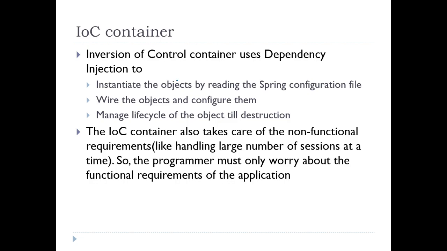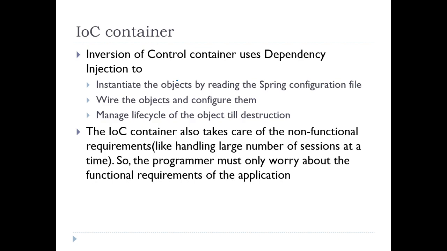the Spring container, which is also called the IOC container, the inversion of control container, uses dependency injection to instantiate the objects by reading the file called the Spring configuration file. This Spring configuration file is an XML file, and all the details of how to create the object and what data is contained in the object are written inside it.